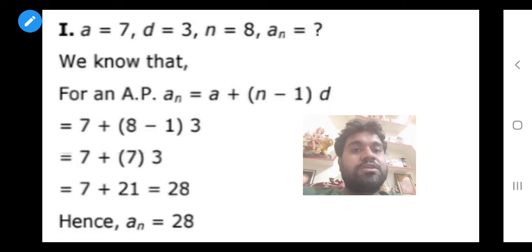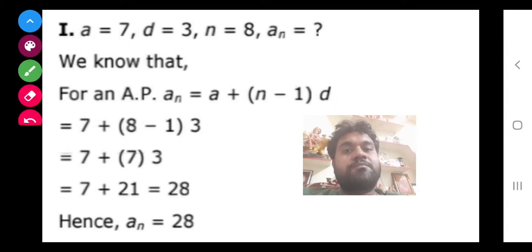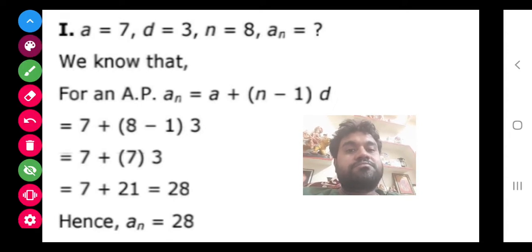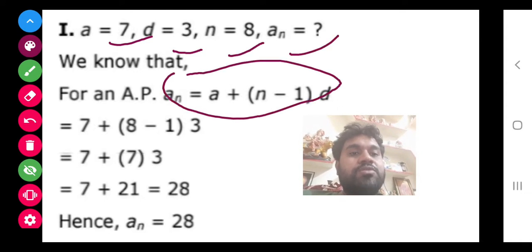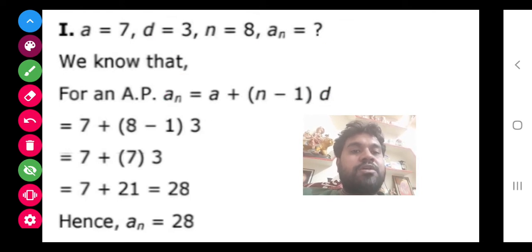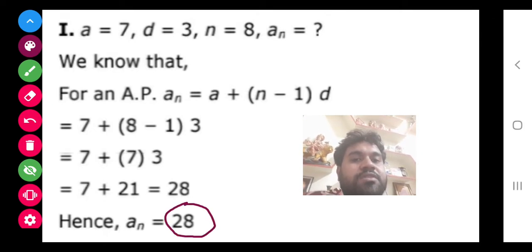So class, simply you have to apply this formula. Here at the top you can see this is given, this is given, this is given, and this we have to find out. So we can use this formula and determine the value of an. After substituting we are getting an is equal to 28.